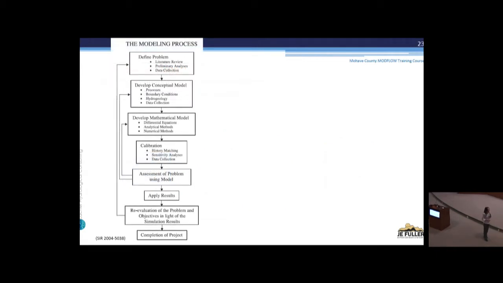So the groundwater modeling process looks like this, and it's very hard for you to read, so I'm just going to step over here so I can read it. And I'm kind of starting to talk about where you are in your modeling adventure in Mohave County. Essentially, the first 3 boxes here are kind of complete for you.